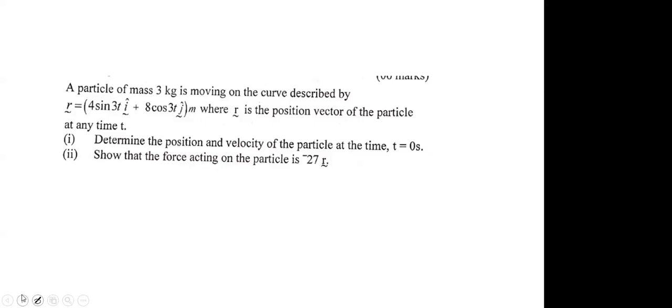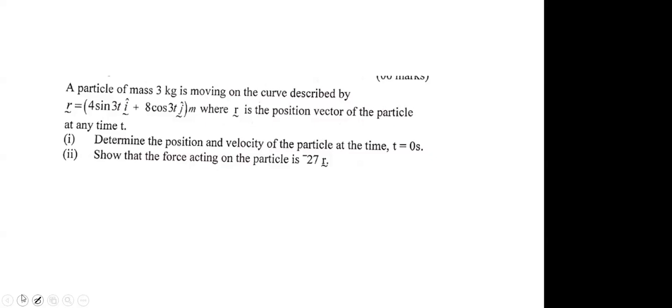Like I told you earlier, sometimes they can give you in terms of R, other times they use S. But for whatever letter they use, as long as they have described what it represents, you as a student must just work with what you have. So currently we have our R.